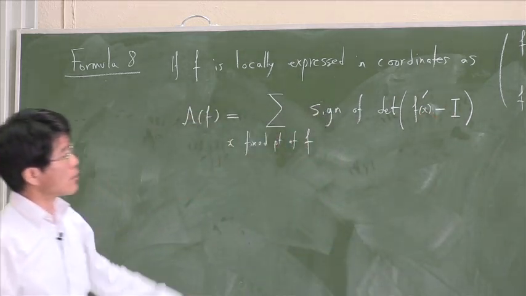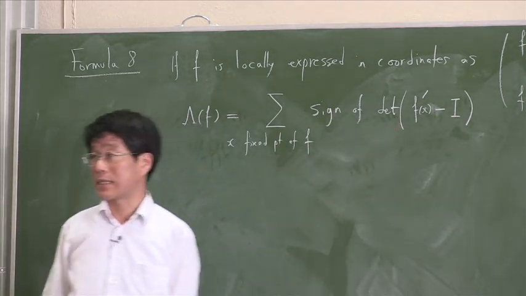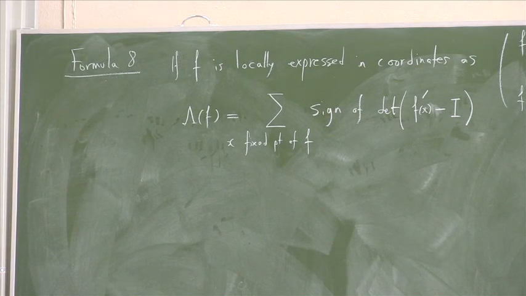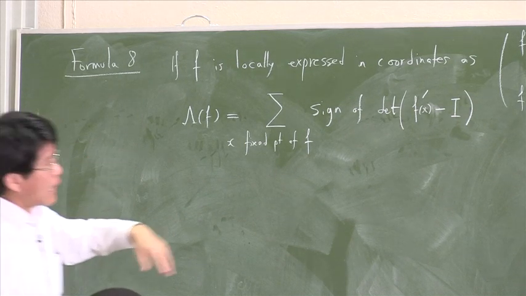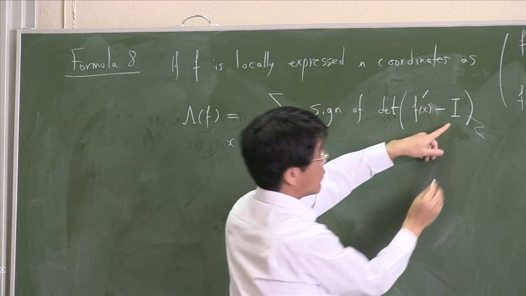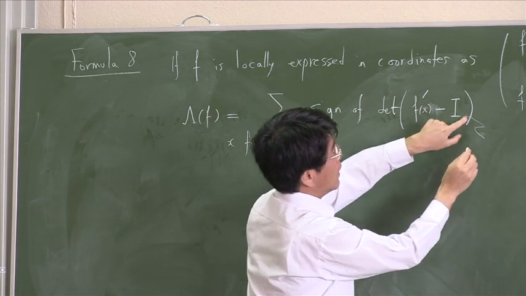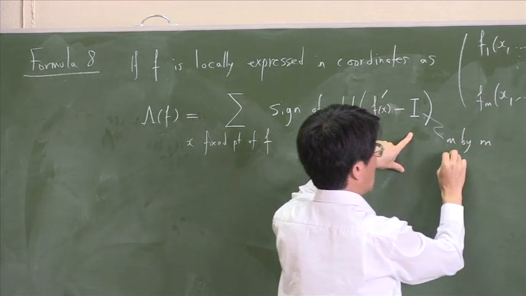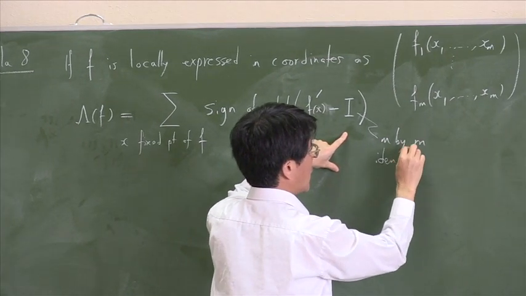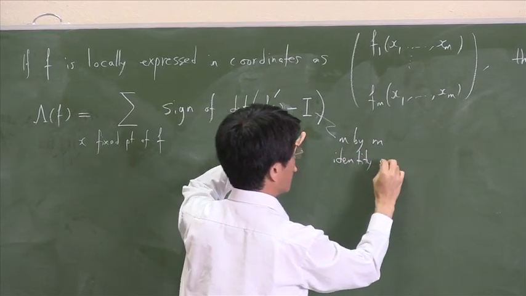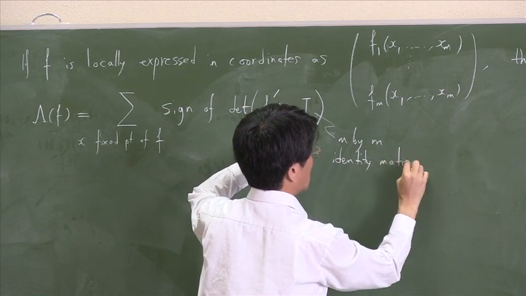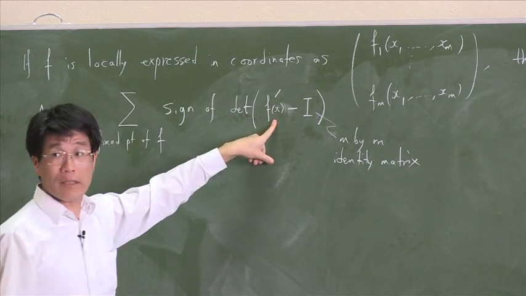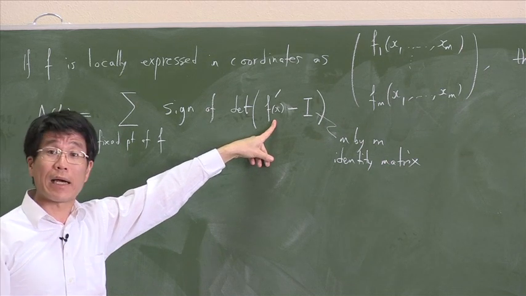So that's where the x appears. What is this I? Well, you can guess. That is the identity matrix. What's the size of this identity matrix, you think? M by M, exactly. An M by M identity matrix, 1 along the diagonal, 0 off diagonal. And this is because this derivative is also an M by M matrix.